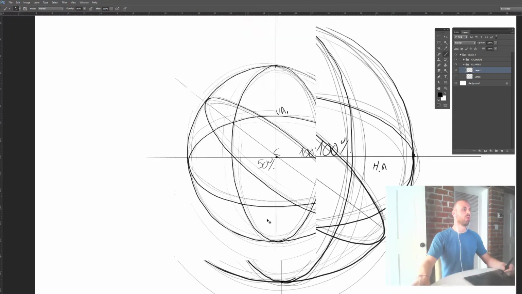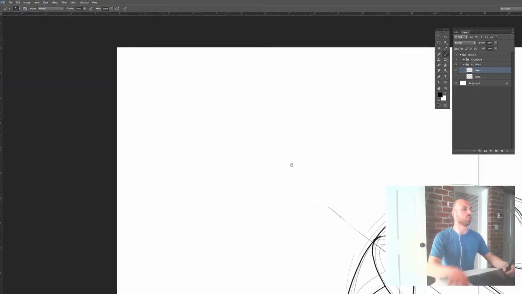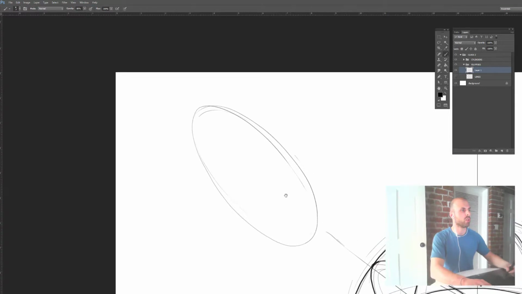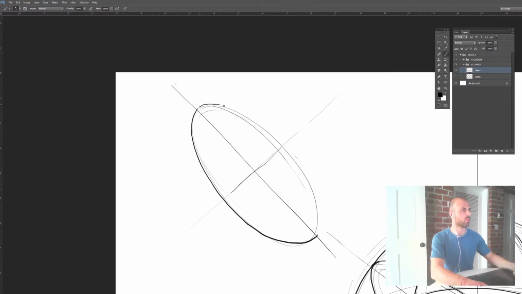Okay, so basically sketching ellipses is all about reducing the width of one of the two axes. In this case, what I just did is a circle that has the minor axis reduced to probably 50%, and it looks pretty much like this.